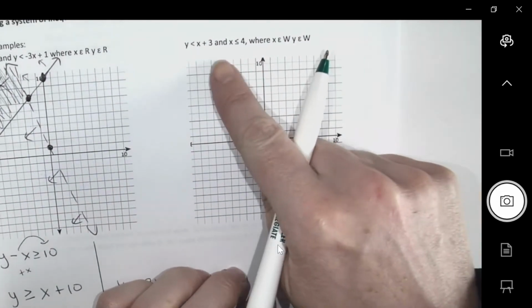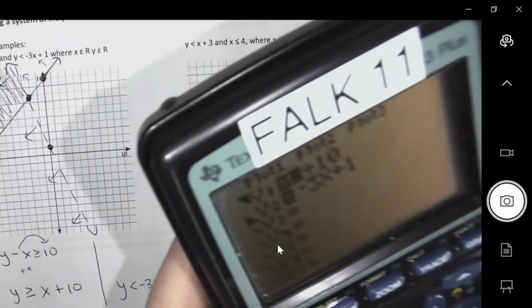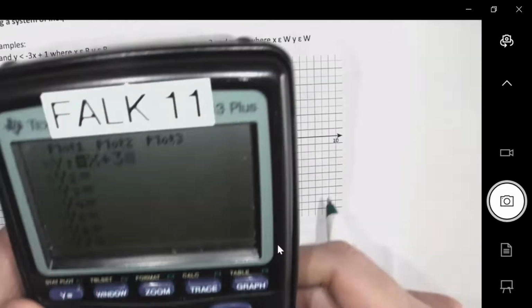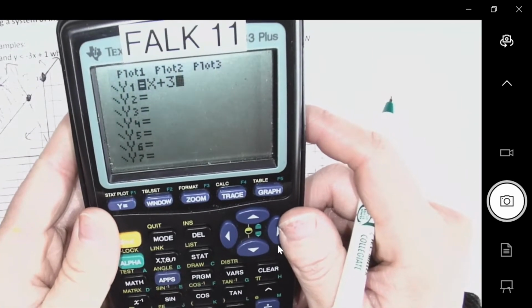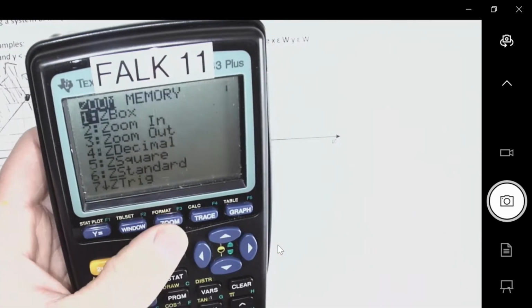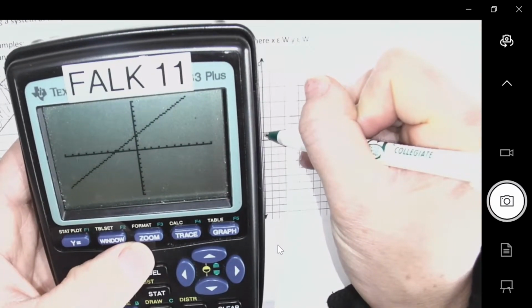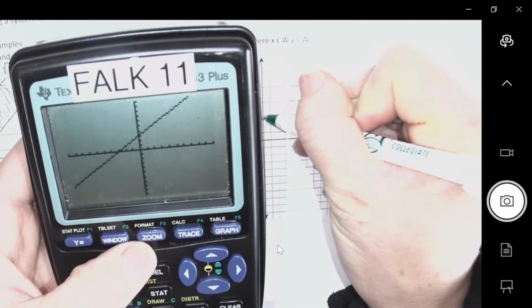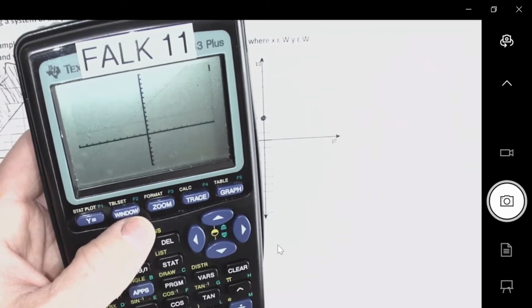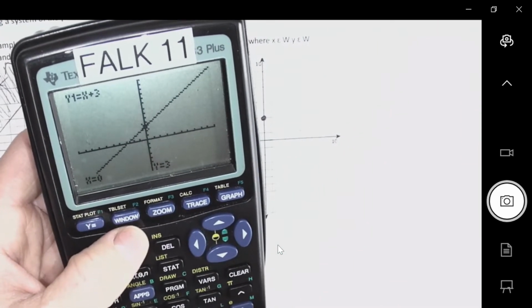So y is alone here, so we can put that into our calculator. So y equals x plus 3. So I'm going to trace 3, or sorry, I traced 0 and I got 3.